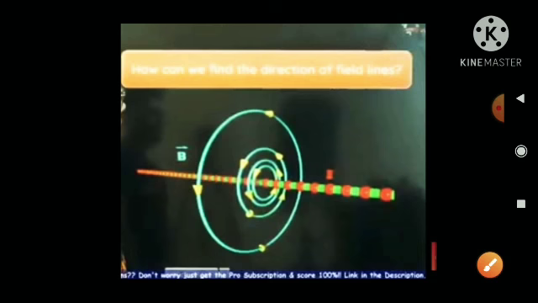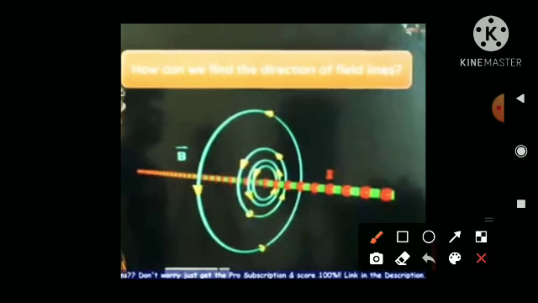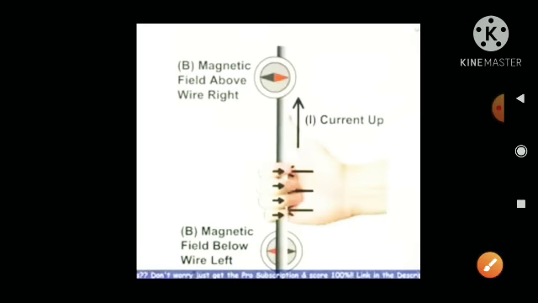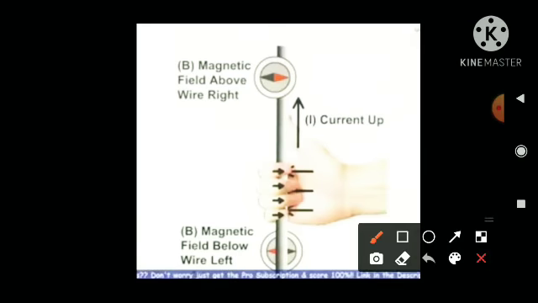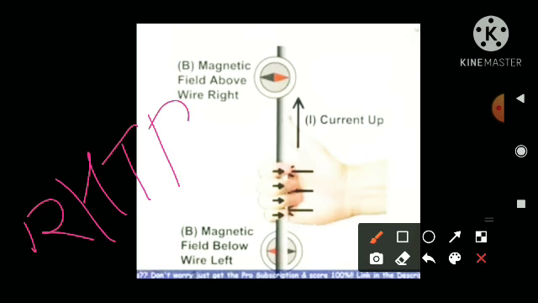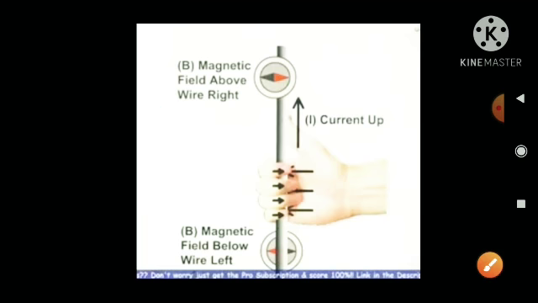So how can we find the direction of field lines? If we don't know the side, there is another method to find the direction of field lines. Let's see, by the right hand thumb rule. You can write right hand thumb rule. This is a rule by which we can find the direction of the electric current and magnetic field.